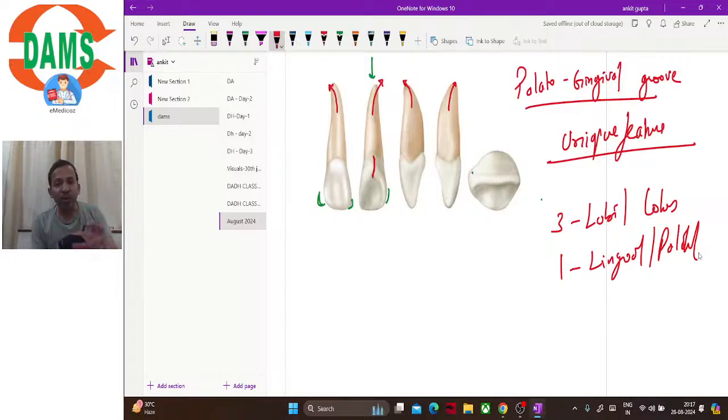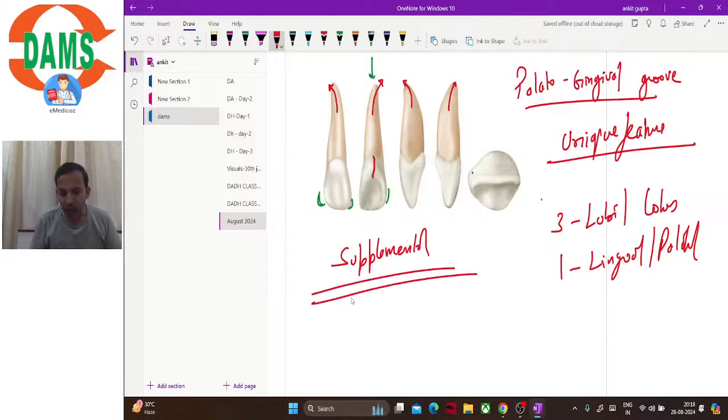These grooves, which represent the junction of these lobes, are known as supplemental grooves, and any other groove is known as a developmental groove. So this palatogingival groove is a supplemental groove, right?